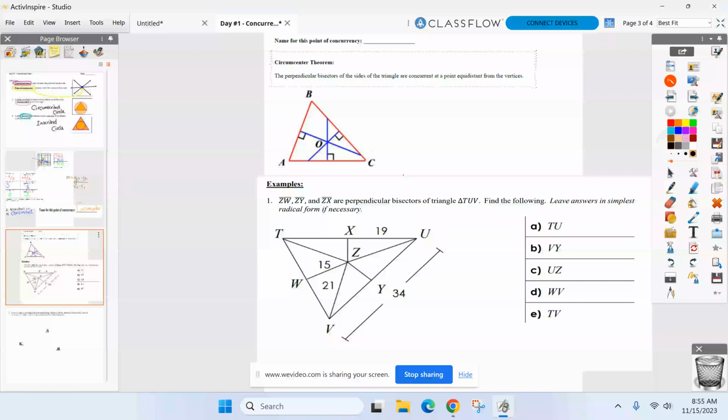So the theorem, everyone, the theorem in the box is just what we went over. I use the word equidistant, but again, the circumcenter is equal distance away from the vertices. In the diagram I have here, triangle ABC, do me a favor. I'm going to tell you point O is the circumcenter.